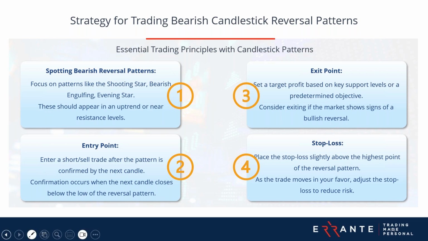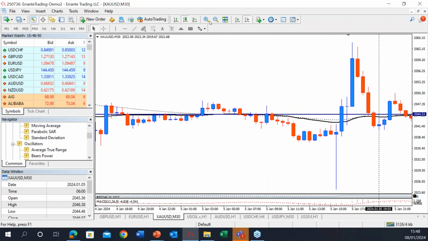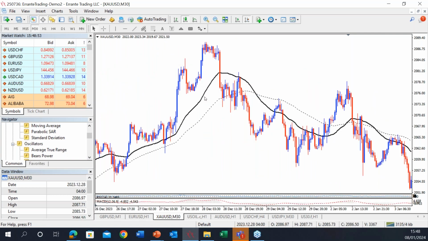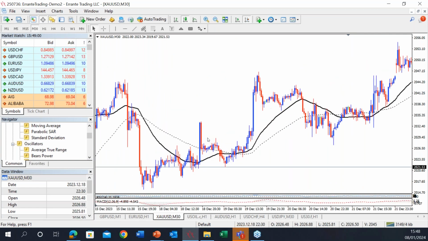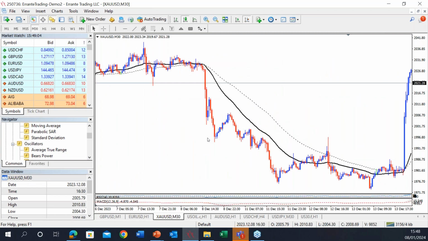For example, if you look at any downward movements in the markets, the rule of thumb is that we expect moving averages to act as resistance and support levels during the downtrend and uptrend.